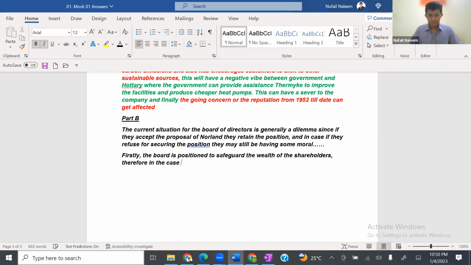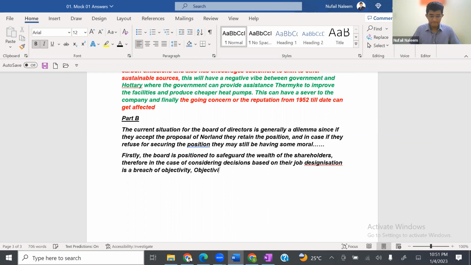in the case of considering decisions based on their job designation is a breach of objectivity.